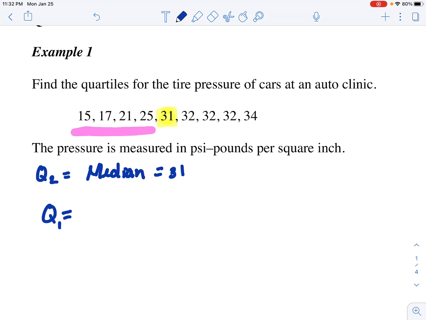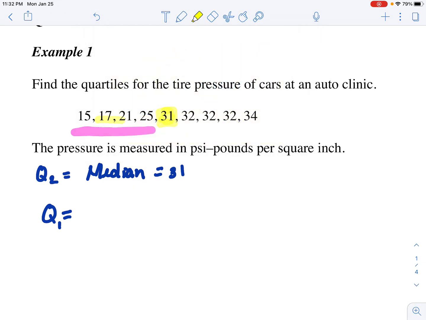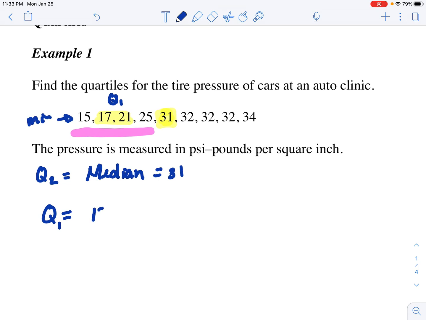Now we have even numbers there, so we're going to have to take these two and divide it by 2. So this is going to be our Q1. Okay, 15 is our minimum. So our Q1 is going to be 17 plus 21 divided by 2, which equals 19.